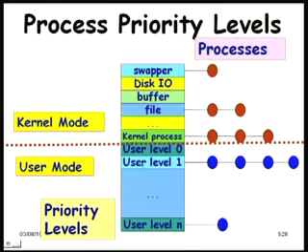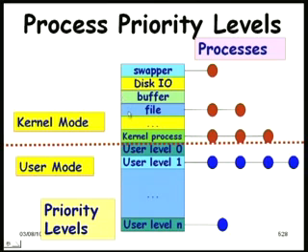At the user level, there are various types of priorities: user level 0 to user level n. N is the lowest priority, 0 is the highest priority. And there are tasks, processes queued at various levels. There will be context switches among these levels of tasks.